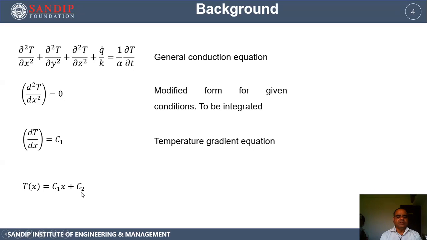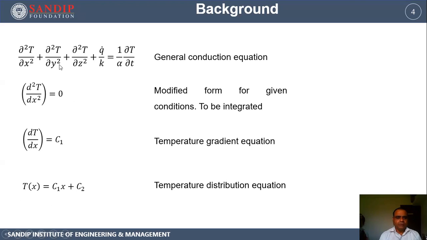a simple equation, that is y is equal to mx plus c. So the temperature distribution in a one-dimensional steady state conduction without heat generation in a Cartesian coordinate system is a straight line. This conclusion we can draw directly from this equation. This third particular equation is called the temperature distribution equation.